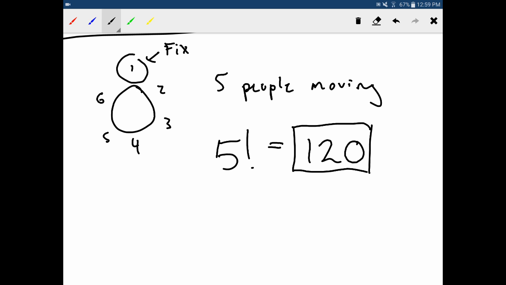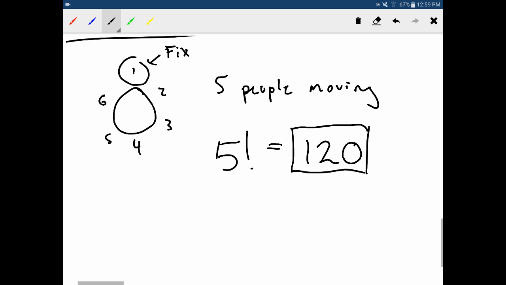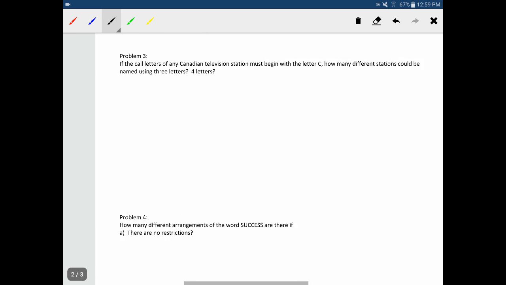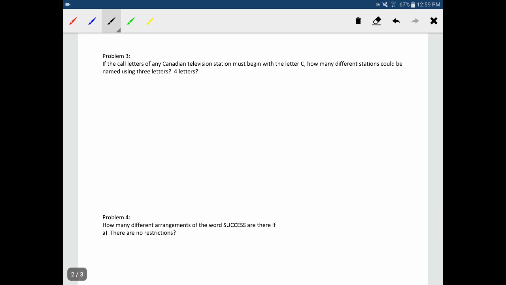So we're just going to have 120 different possibilities. Okay? And that's all there is to that. So these circle questions, they seem a lot harder than they really are. Once you just lock that one person in place, it just becomes a simple question of rearranging everybody. Okay? So, let's jump over to the next page.